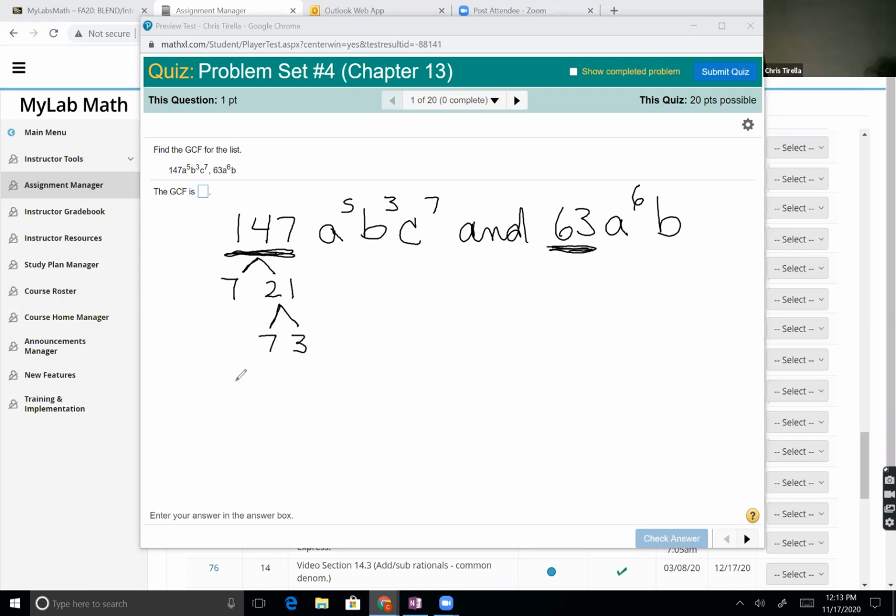And so what we've got here is 7 to the 2nd, 3, A to the 5th, B to the 3rd, C to the 7th. Now how about 63? I think that's 7 times 9. And 9 is 3 times 3. That gives me 7 to the 1st times 3 to the 2nd times A to the 6th times B.